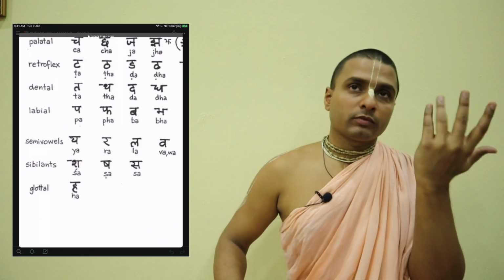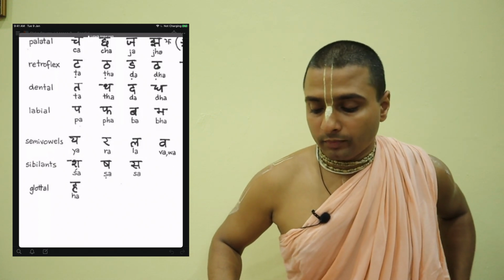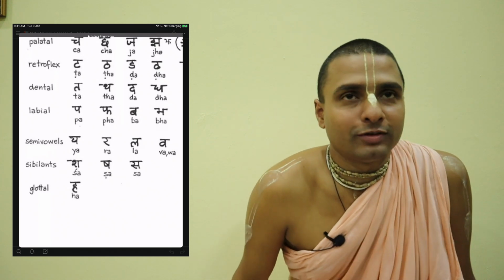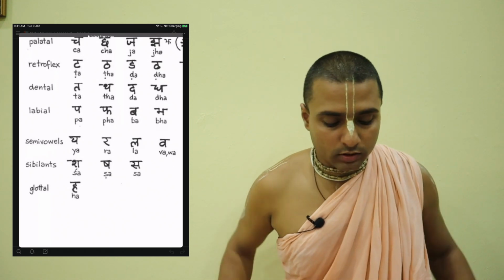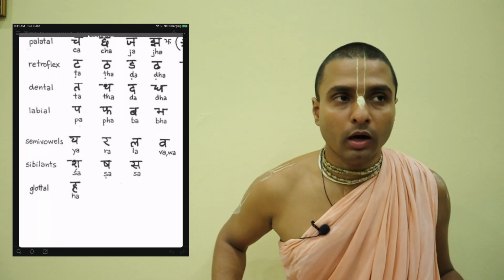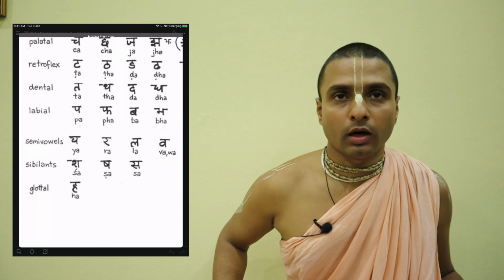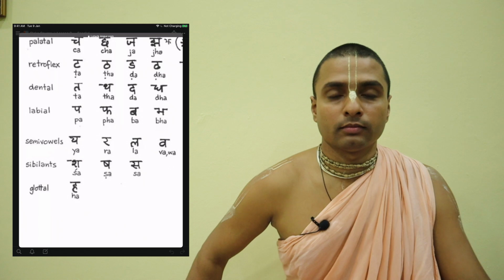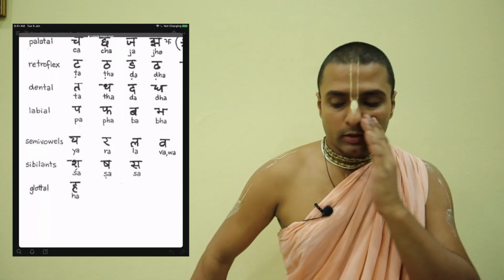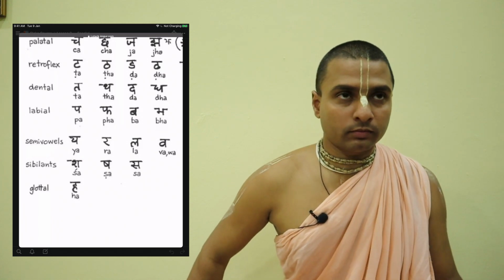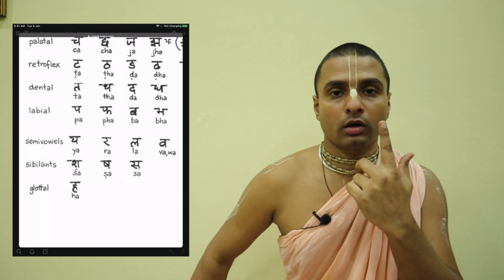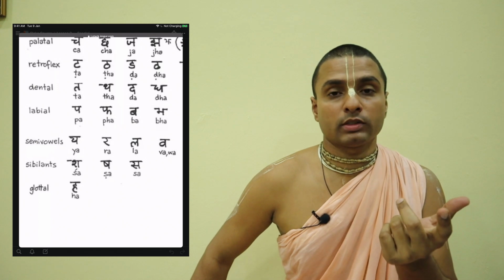So somehow it is classified as a semivowel. Ya. And then ra. Some parts of the world cannot pronounce this, especially in America and Britain. They can't pronounce ra. It's not exactly a ra. So why is it called a semivowel? Because you are touching the top, you are stopping, but you are also producing sound at the same time.